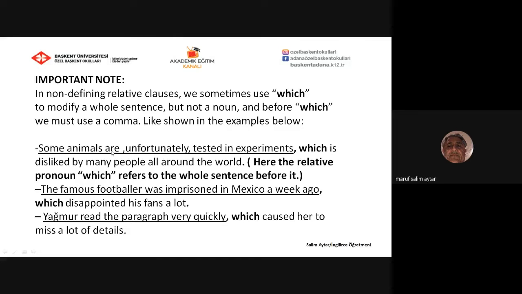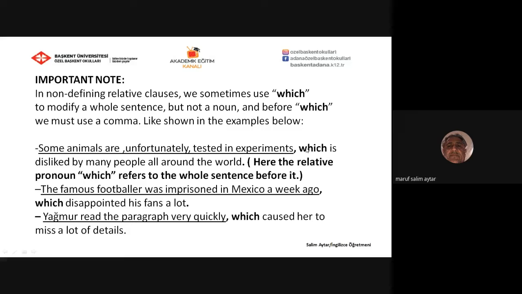Some animals are, unfortunately, tested in experiments. This is a sentence on its own. Some animals are unfortunately tested in experiments, and this is disliked by many people all around the world.